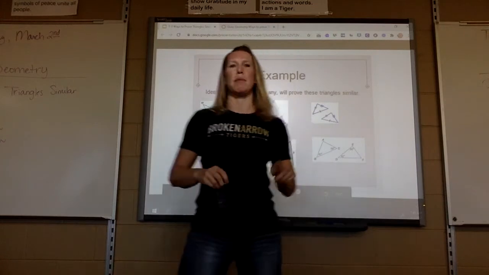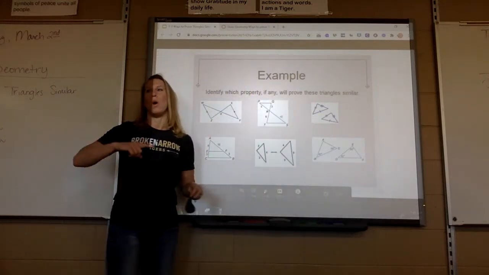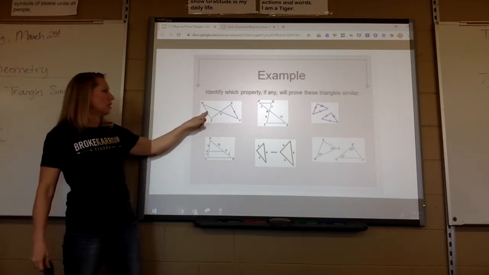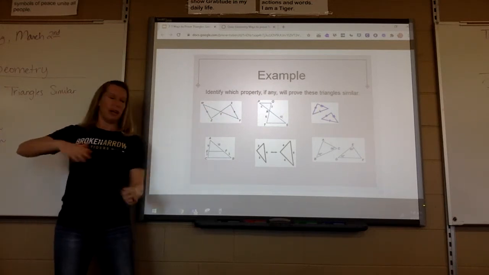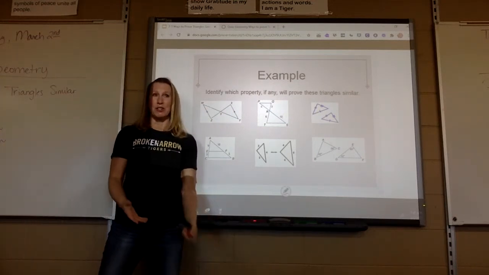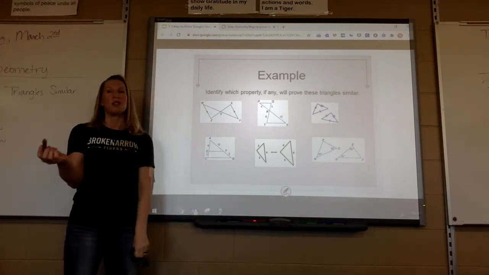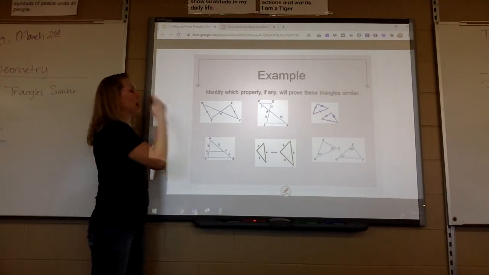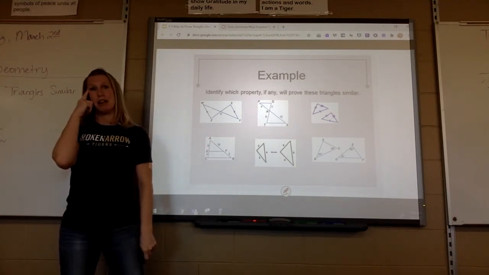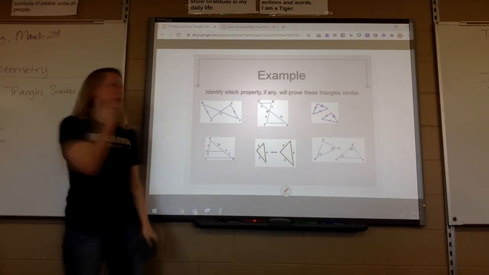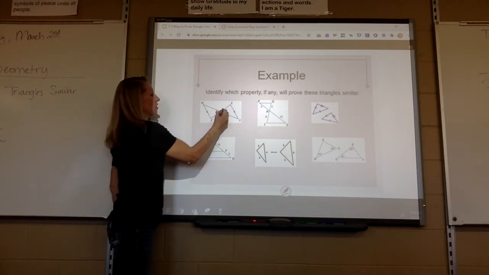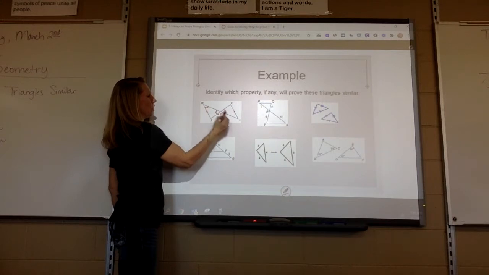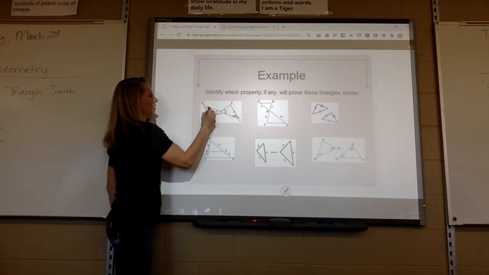You're going to have some problems where you have to determine why the triangles are similar. Anytime you see arrows, that means those lines are parallel, and you're always going to have angles that you can mark. Arrows start with the letter A, angles start with the letter A. Anytime I see arrows, I know it's going to be angle similarity, because you could mark your vertical angles here, but since those lines are parallel, you could also mark your alternate interior angles.